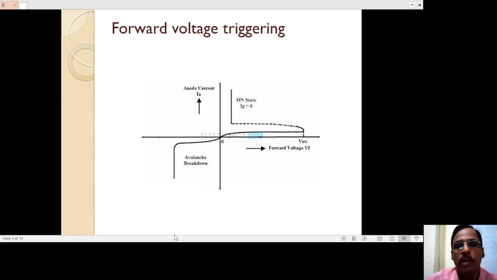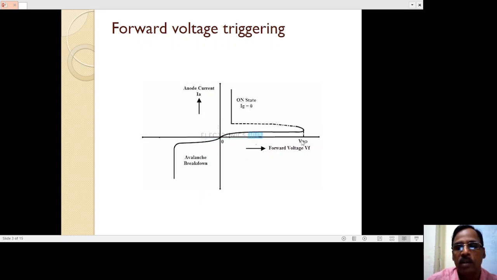So we have to increase the voltage to break the depletion layer of junction J2. See here, voltage gradually increases up to VBO. VBO stands for forward breakover voltage. When voltage increases, there are small leakage currents.